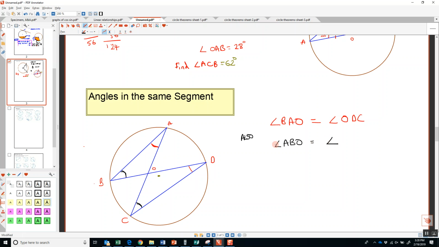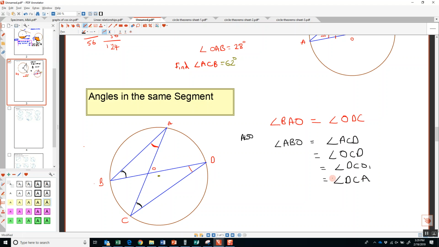She's called it ACD. That's fine because this is the same part of the line. You could call it OCD, because you're starting from this point. What else could you call it, just out of interest? DCO. DCO or DCA.